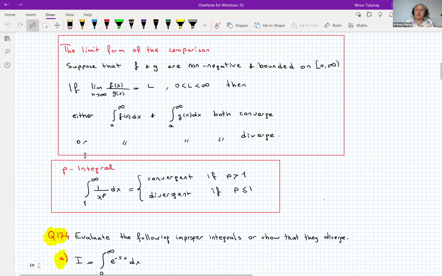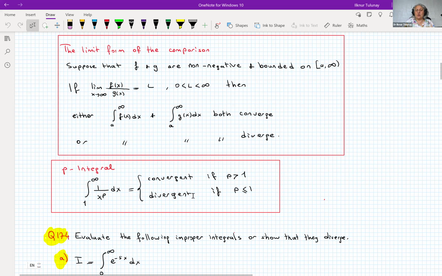It's an either-or situation: they either converge together or diverge together. That's what the test is all about.